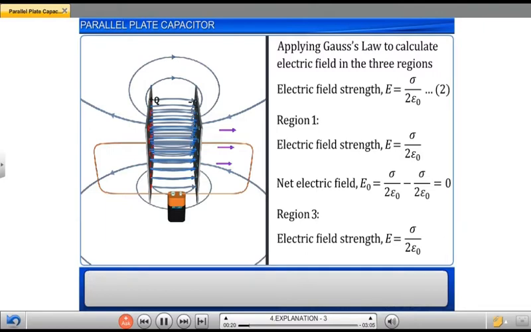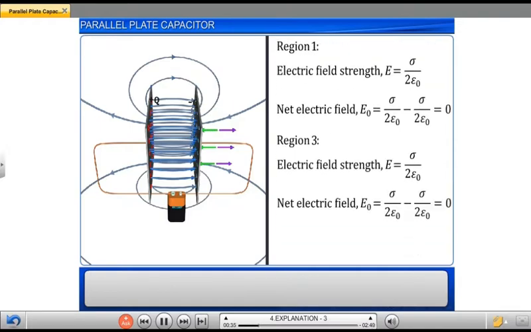Due to the negative plate of the capacitor, the electric field strength E is also equal to sigma by 2 epsilon naught, directed towards the negative plate and towards the left. Hence, in region 3, the net electric field strength is equal to plus sigma by 2 epsilon naught minus sigma by 2 epsilon naught, which is equal to 0, since the two electric fields are oppositely directed in region 3 as well.